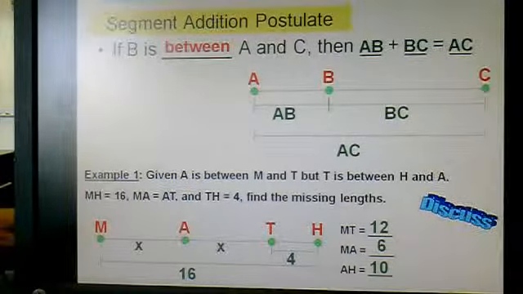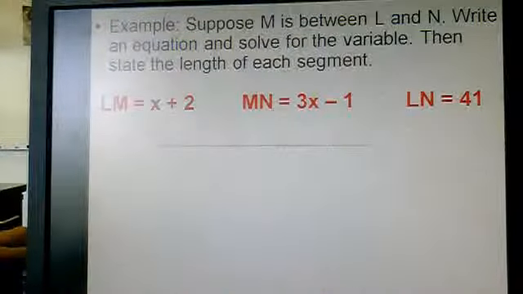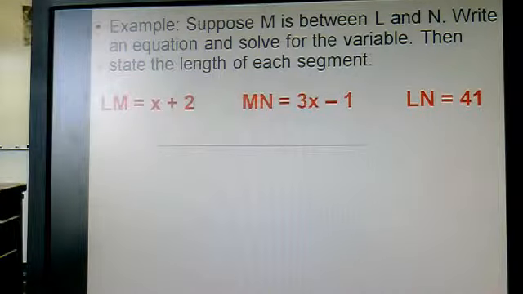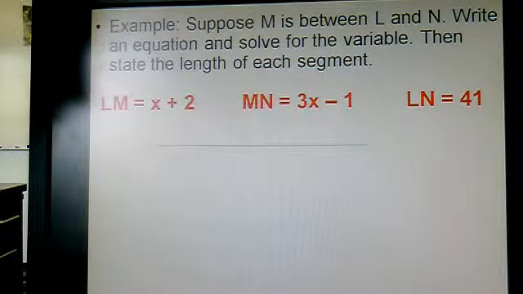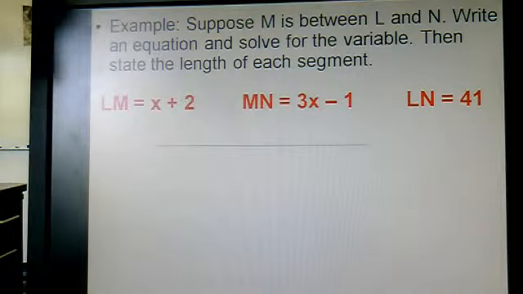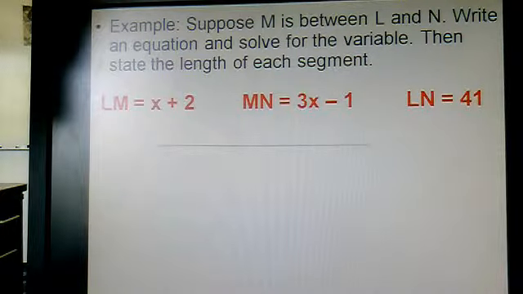There's no algebra really here. I threw an X on, but you didn't have to use any algebra. As we build up, you're going to see more and more algebra. Again, try example 2 on your own, and then check back in the video. I'm going to pause and go to a different section. If I go more than 6 minutes on a video, sometimes I lose it, and it's unable to record. So try this one on your own, and come back to the second part to check your answers.